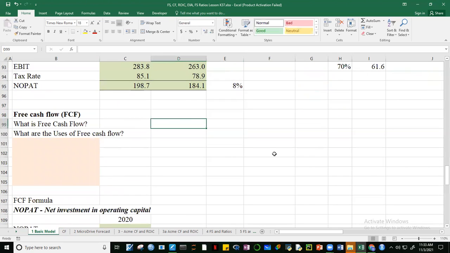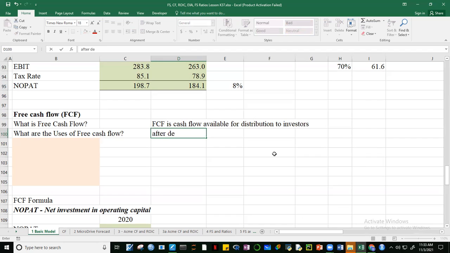What is free cash flow? So let me just write that here. Free cash flow is cash flow available for distribution to investors, okay? After deducting cash flow requirements for operations.